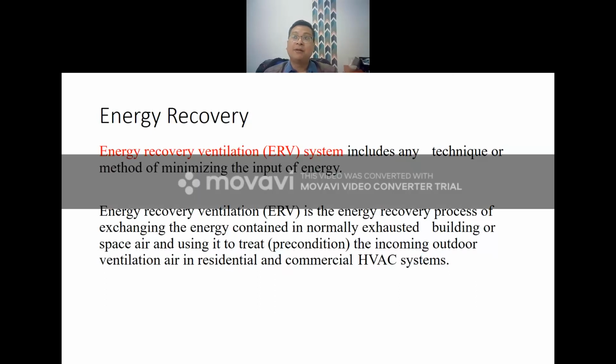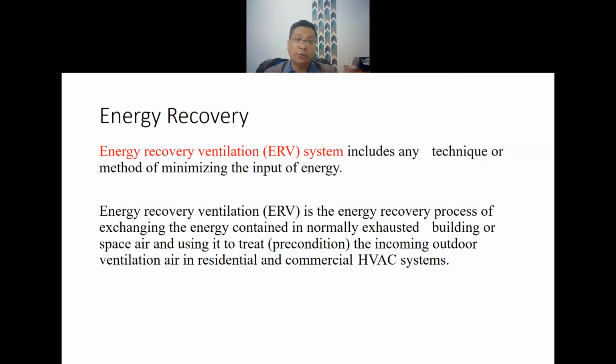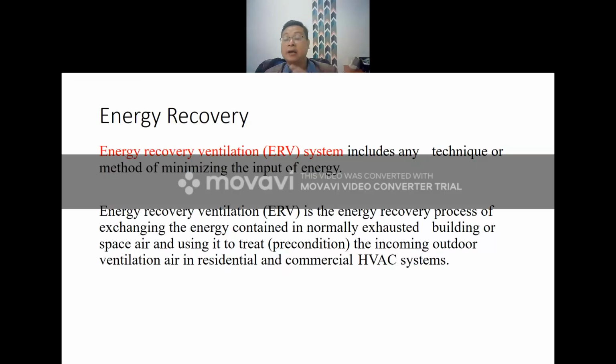So we don't need to take from the ambient air. That one is very difficult to recover. We try to condition the air from the outside; that one needs more energy. Then what happens? We try to recover the return air, and then we can save energy, because recovered air is more efficient.